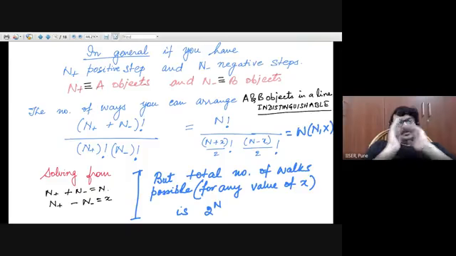And so for a particular displacement, this is the number of random walks you can have, where n plus + n minus equals n and n plus - n minus equals x.